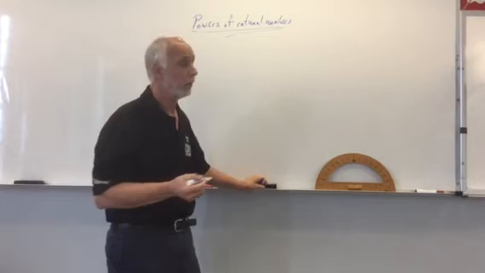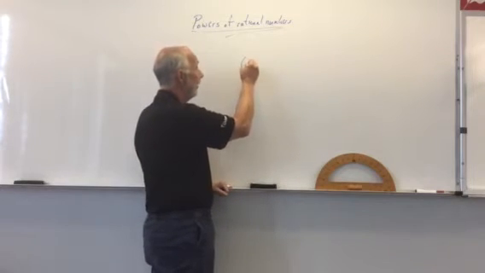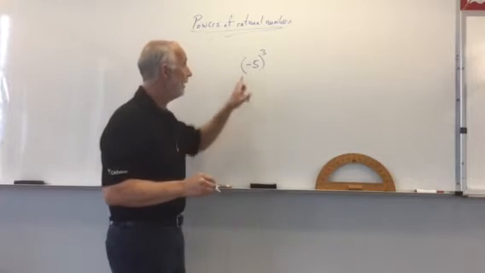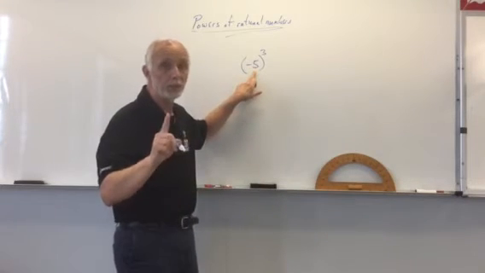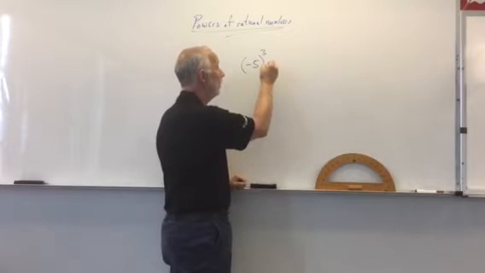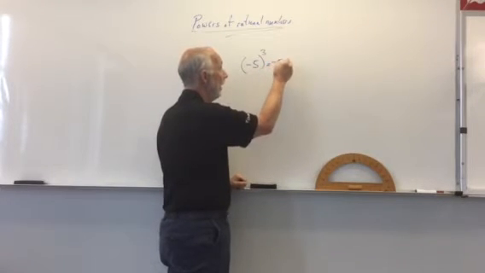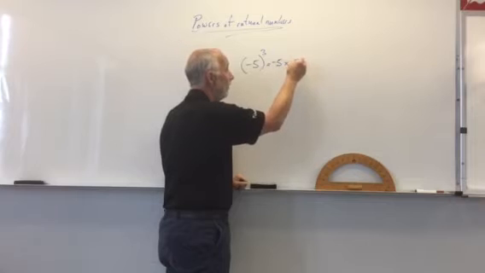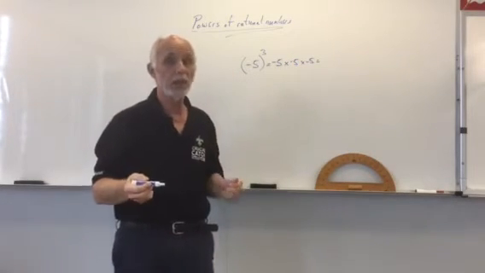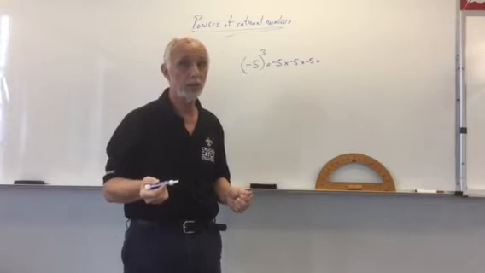Now the base number can change, because you could have a -5 to the 3rd power. Again, the big number, the base number, is the number you use. The exponent tells you how many times to use it. So this would be a -5 times a -5 times a -5. So now you need to know how to multiply integers, which I hope you know how to do.